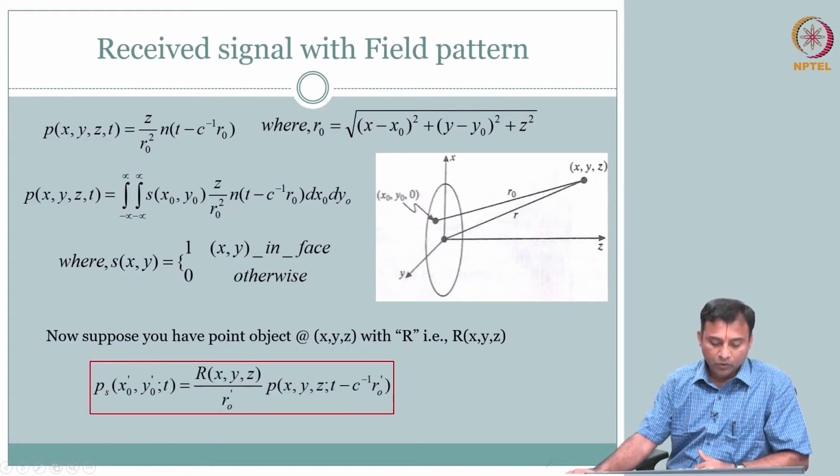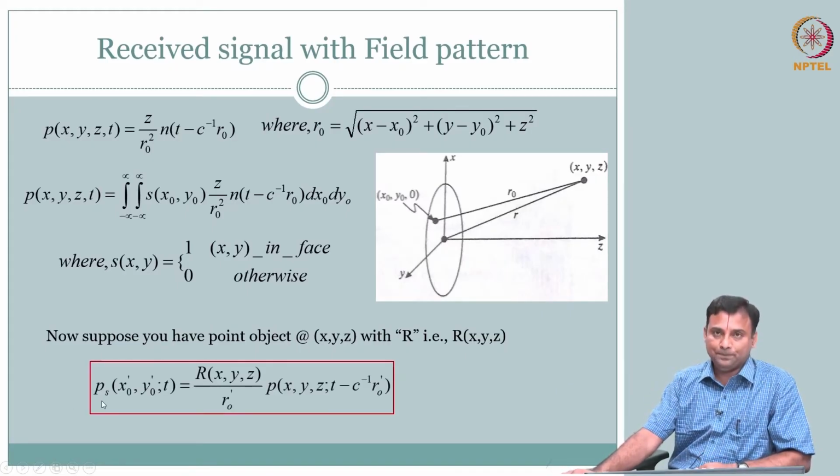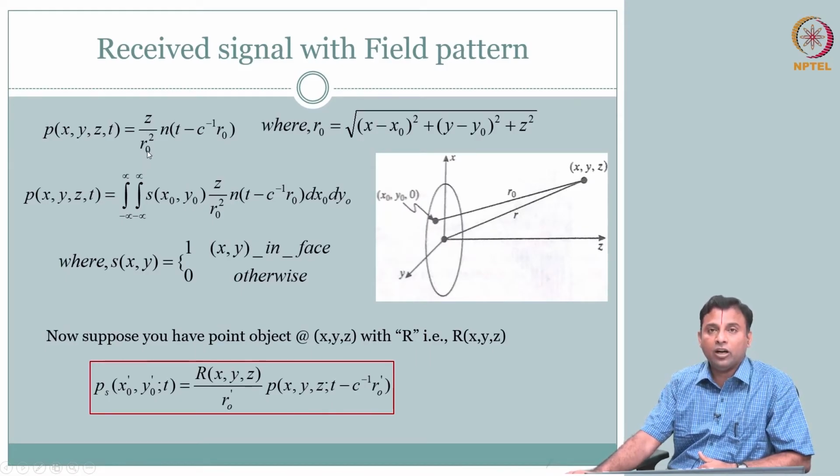So, your PS, which you can think about as the scattered wave, what is going to come and hit a location is the reflection coefficient times whatever you sent in. Notice here we had Z by R naught squared because it was a dipole model, whereas here it is a point scatterer.